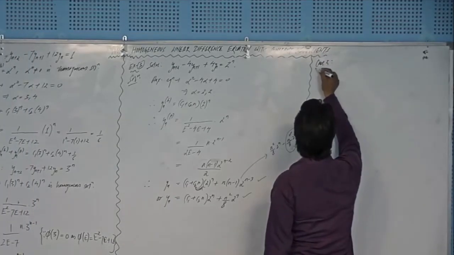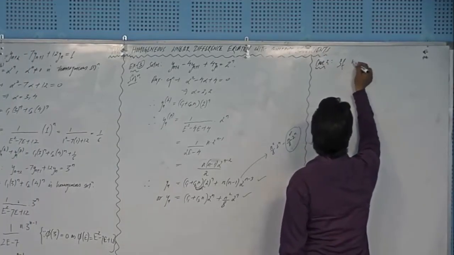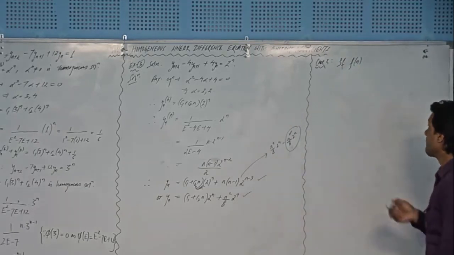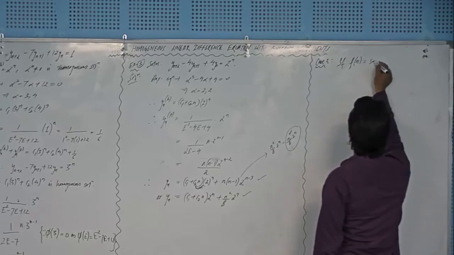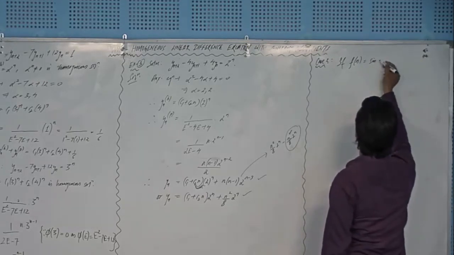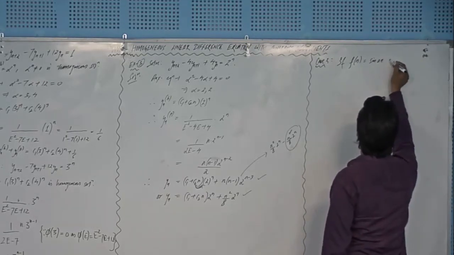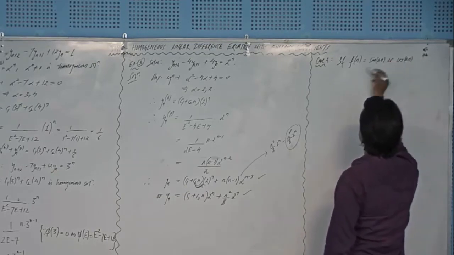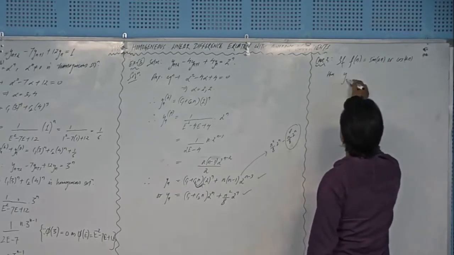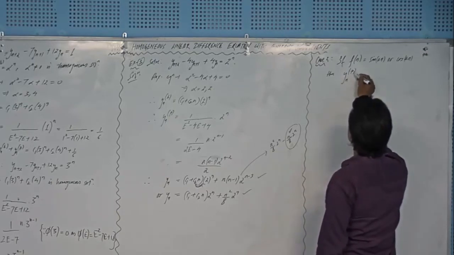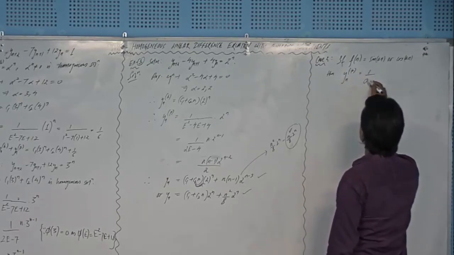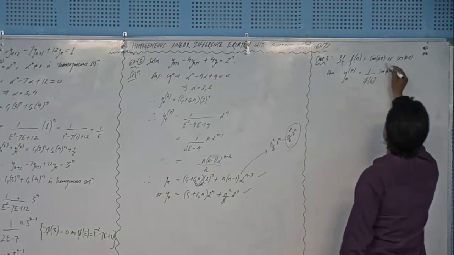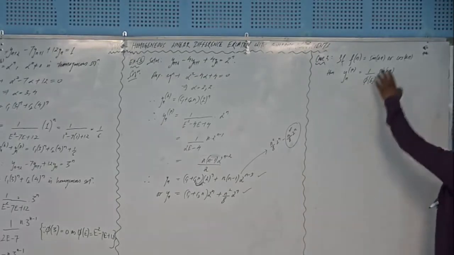Case 2: if Fn, the right hand side of our difference equation, equation number A, is sine, suppose I write sine an, or cos an, then in that case yp equal to 1 over phi E, and sine an. I am taking only sine an, right. Similar is the case for cos an.